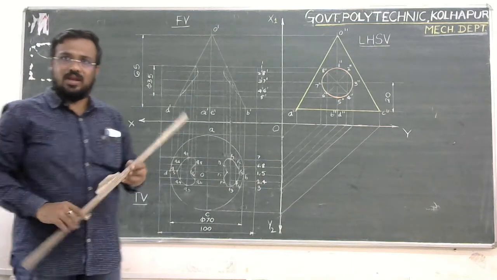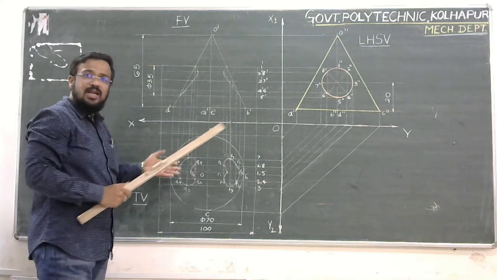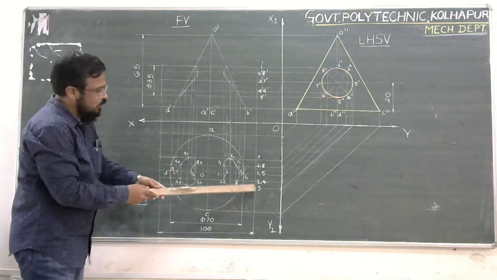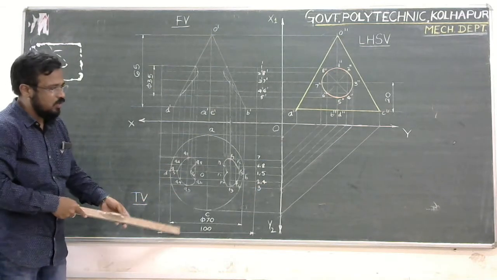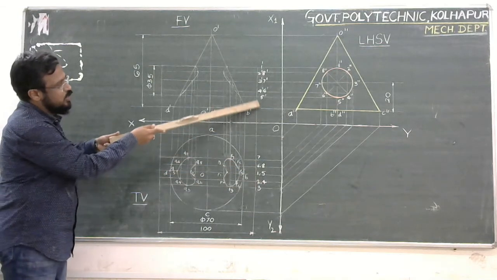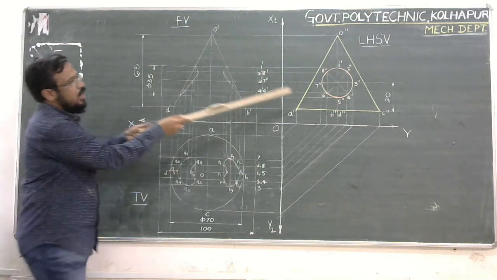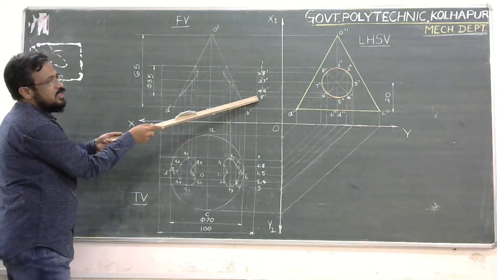Now it is clear. Now the next thing is, what is the cylinder position in the front? See, from this 3 to this end, it has a length equal to 100 mm. From 7 to 3, this projector I project upwards, and I project this 5 to this line. I am going to get the intersection here.